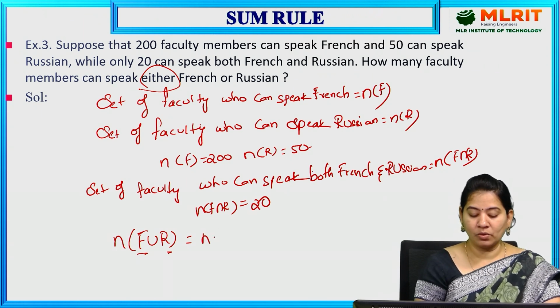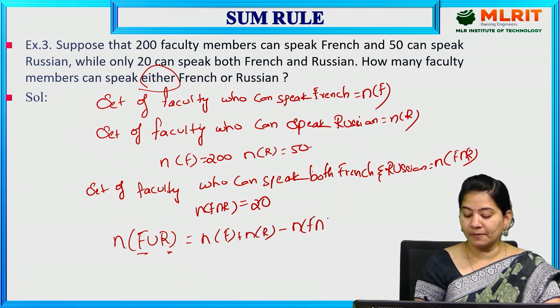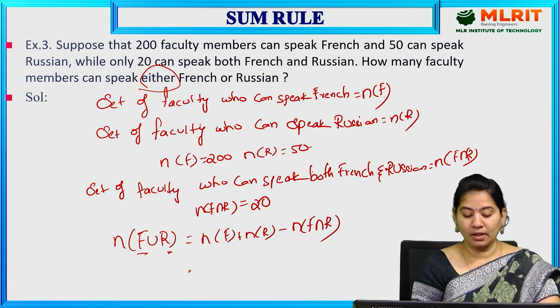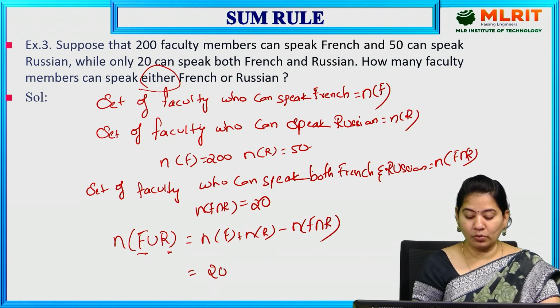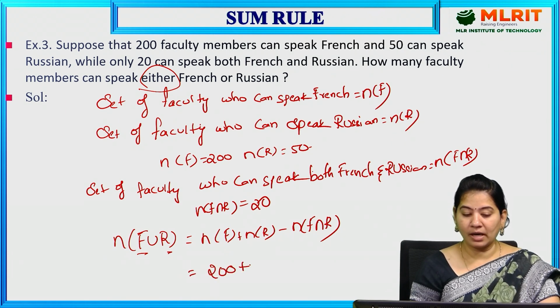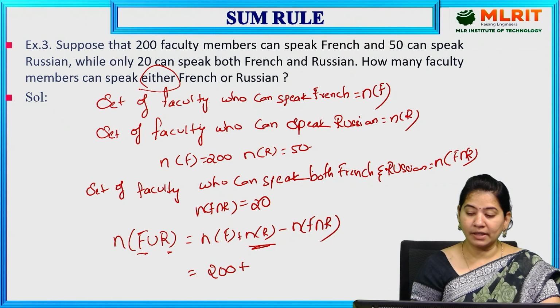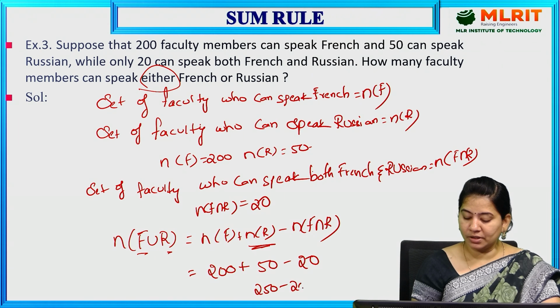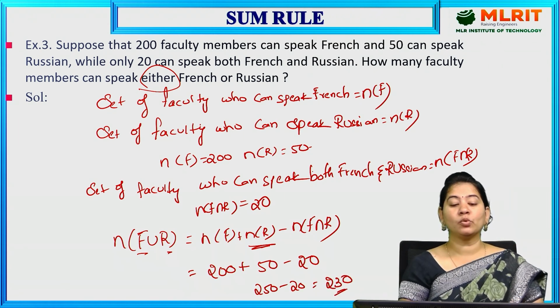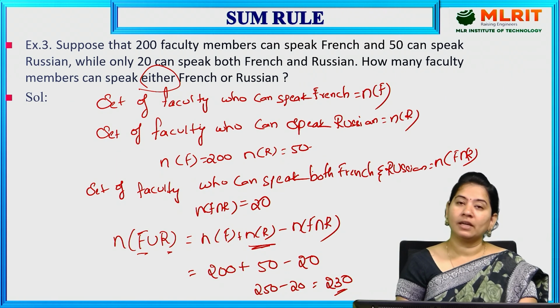So N of F union R is N of F plus N of R minus N of F intersection R. What is N of F? 200. And N of R is 50, minus 20. So 250 minus 20 is 230. And these are the persons who can speak either French or Russian.